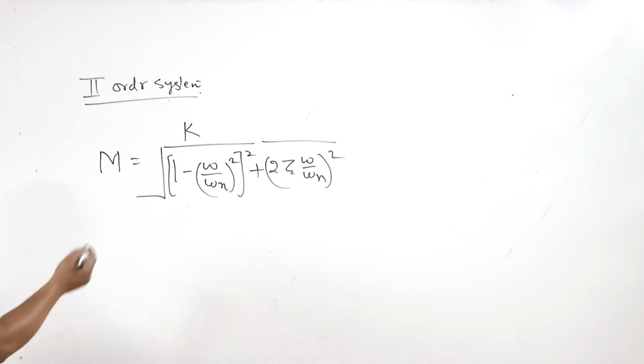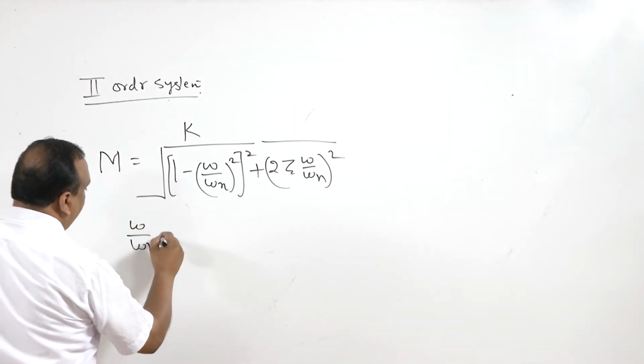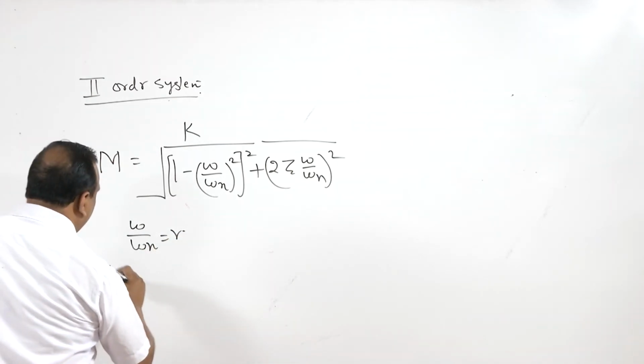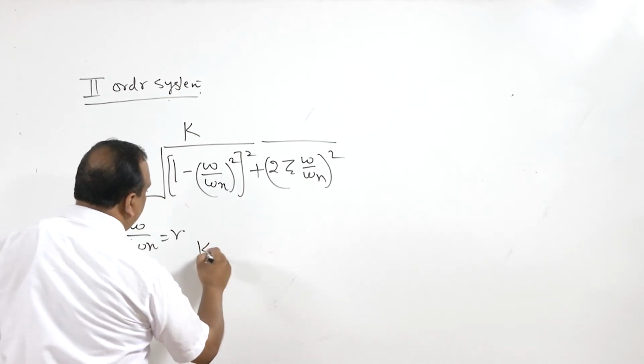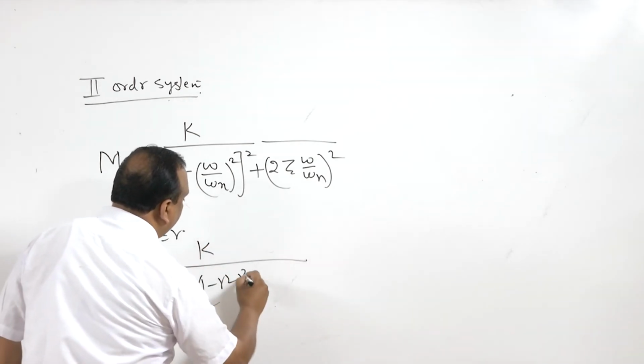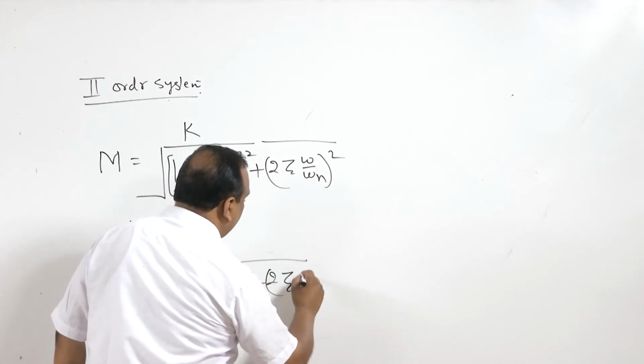And for the sake of convenience, as I stated in the previous lecture, omega by omega n can always be replaced by r. So m is equal to k by under root 1 minus r square whole square plus 2 zeta r whole square.